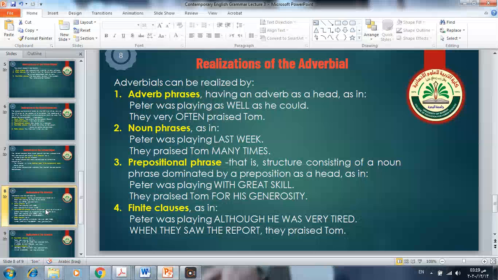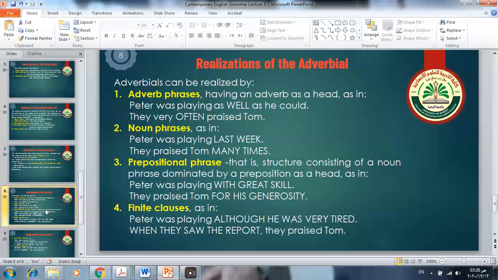It has the preposition with and the adjective plus the noun. And the other one, for his generosity, we have what? The preposition for plus the noun phrase his generosity.